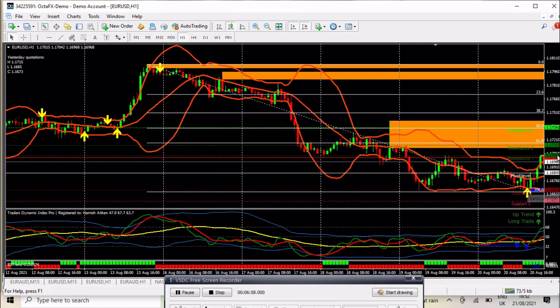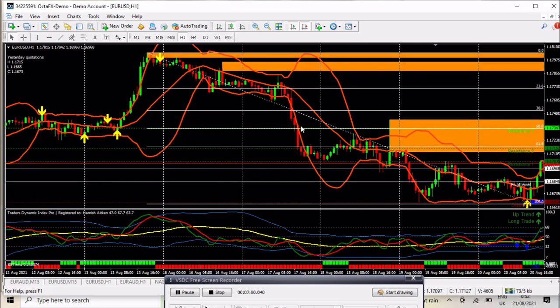And I have the support and resistance indicator, the pivot level, then the Fibonacci level indicator also on this. These are the white color here. This is the 0 level and this is the 100 level.